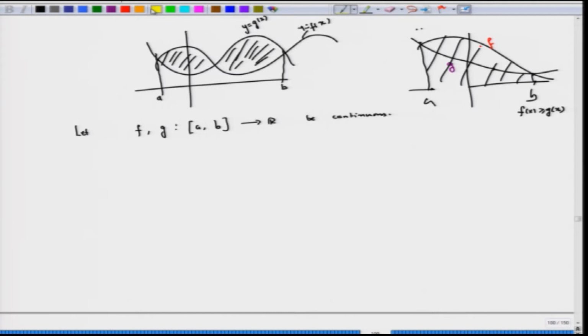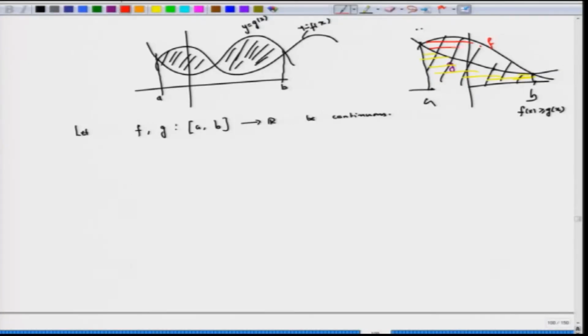Now, if we are interested in finding the area under the curve g, the region bounded by the curve g in this region, this is going to be the area. Now, we are interested in the area lying in between these two curves.